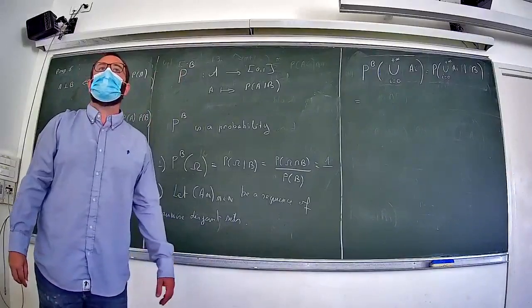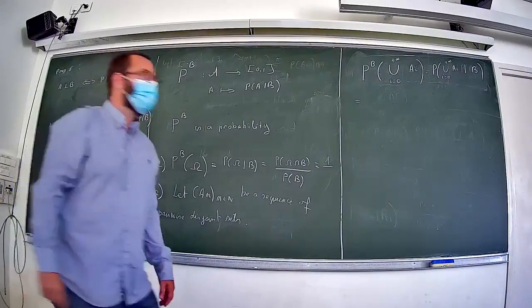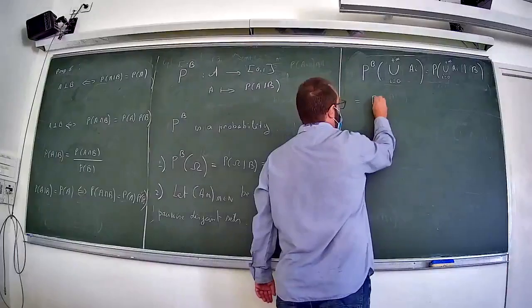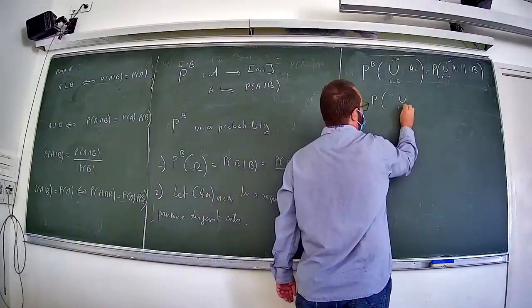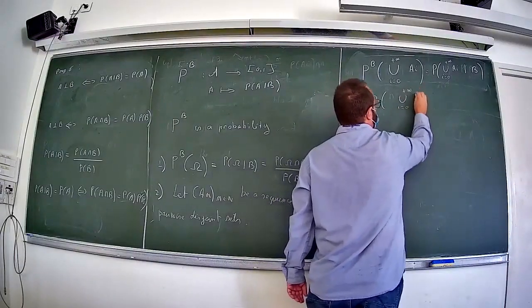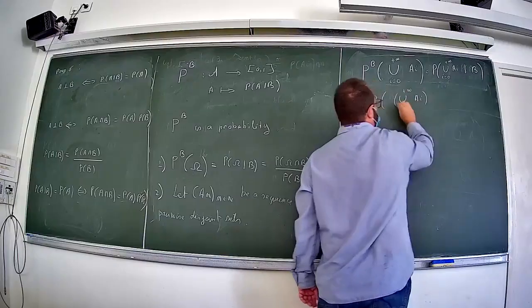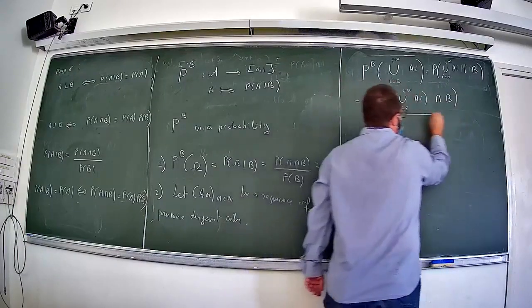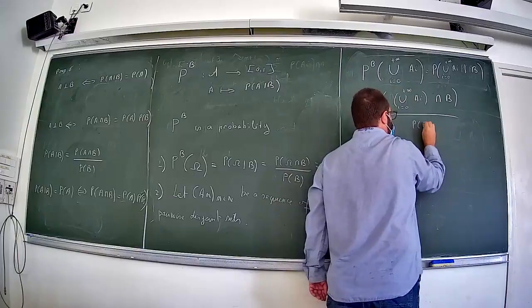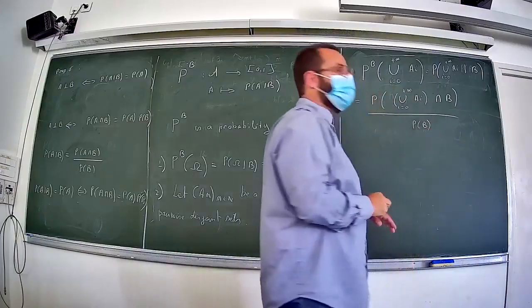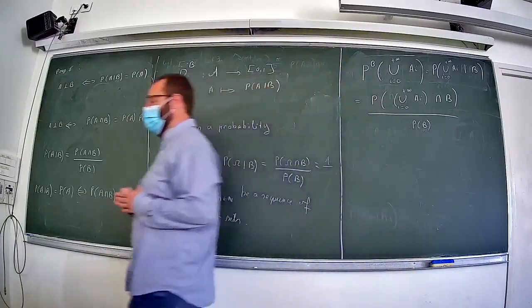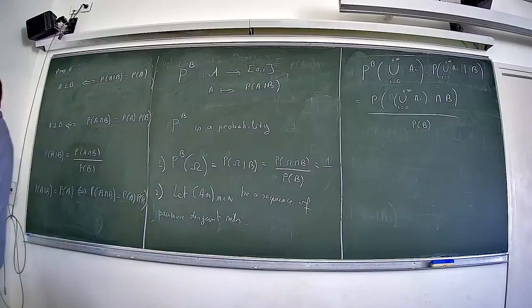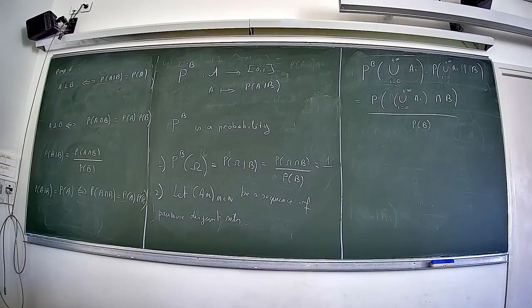It is the probability of the intersection over the probability of B. I write it this way. I have this one.